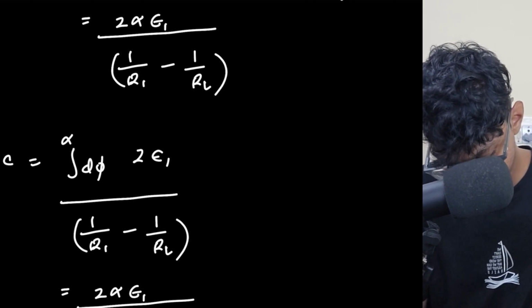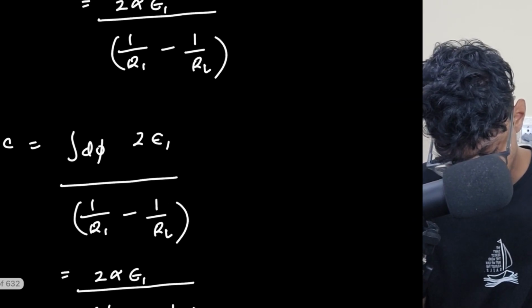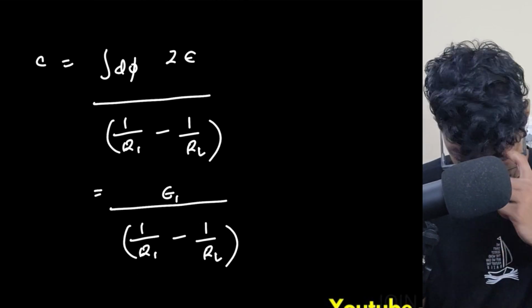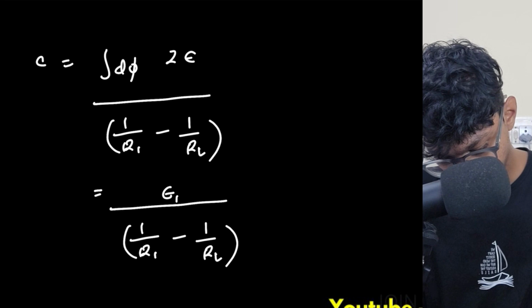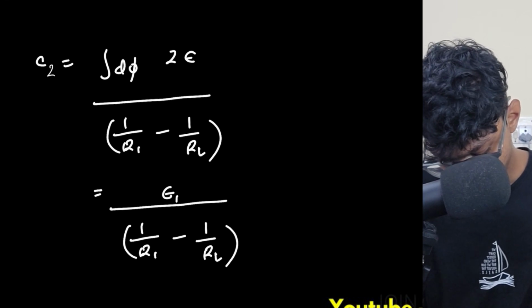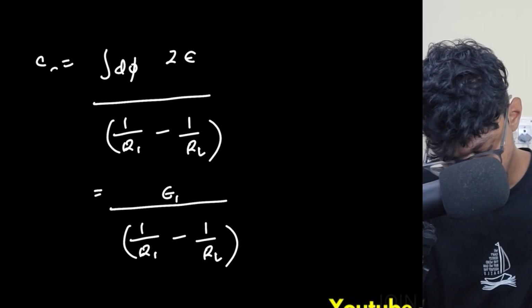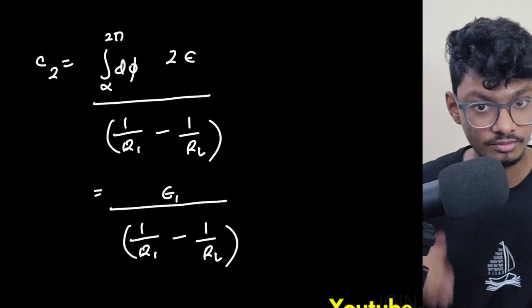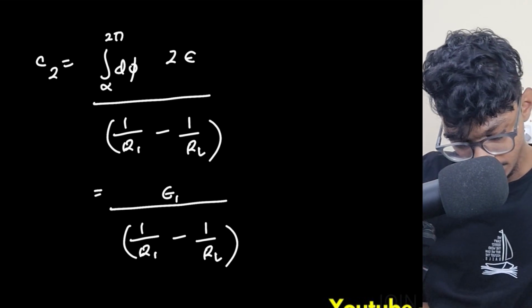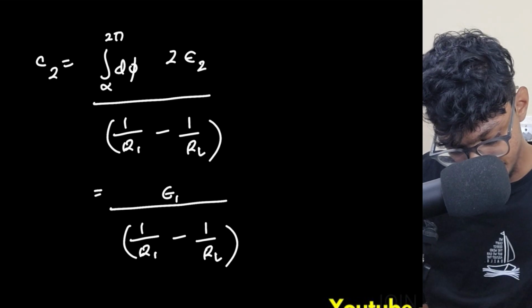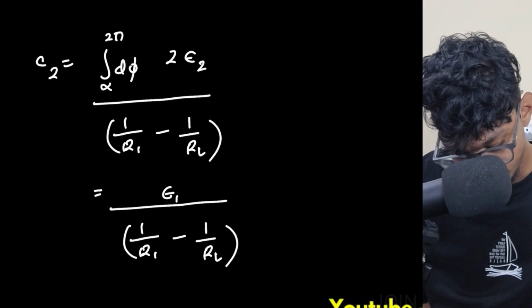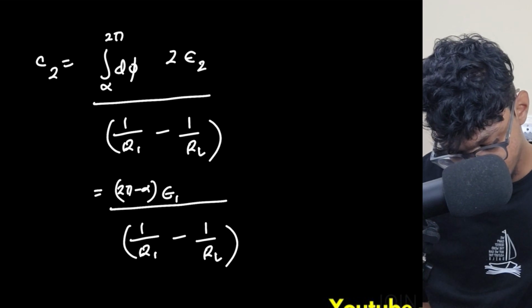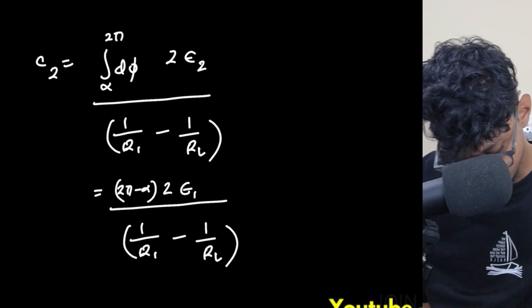The limits will change, and this will become epsilon 2. This will be C2. This will go from alpha to 2 pi now. So the last limit of phi is 2 pi, and this will be epsilon 2. So this will become 2 pi minus alpha, times 2 epsilon 2.